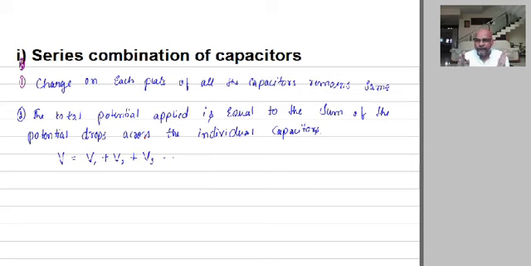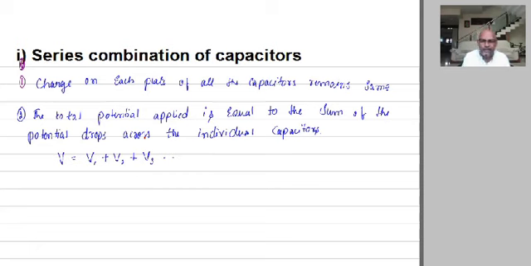The number of capacitors are said to be connected in series if they are connected end to end, such that the charge on each plate of all the capacitors remains same. The magnitude of charge on each plate of all the capacitors is same, and the total potential applied is equal to the sum of the potential drops across the individual capacitors.